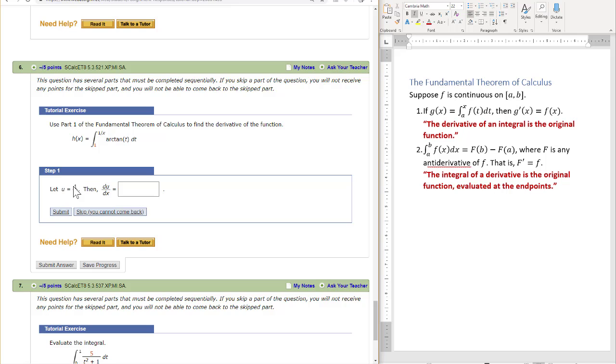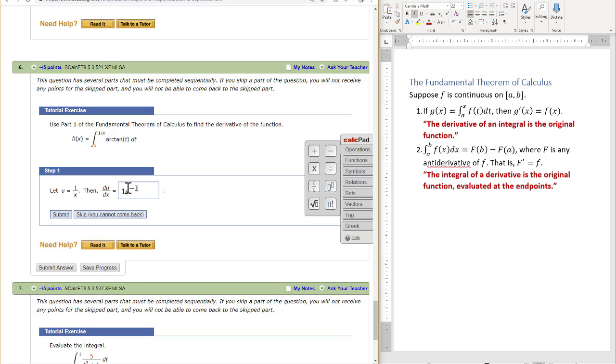So if we do a u substitution and let u equal 1 over x, then du is going to be, remember the derivative of 1 over x, that's x to the negative 1 power. It's going to be negative x to the negative 2 power.